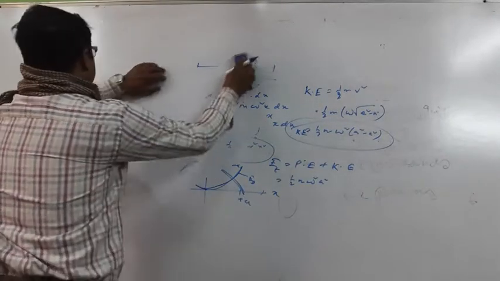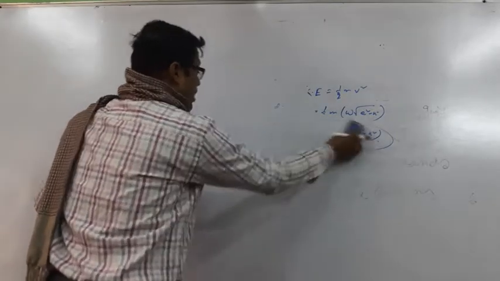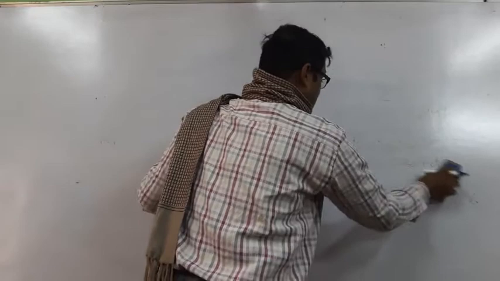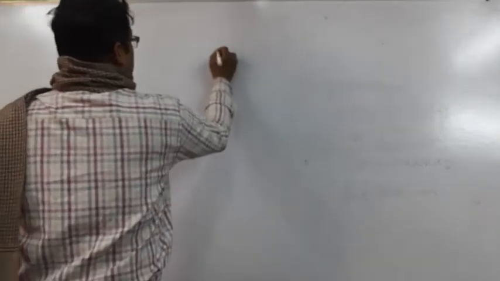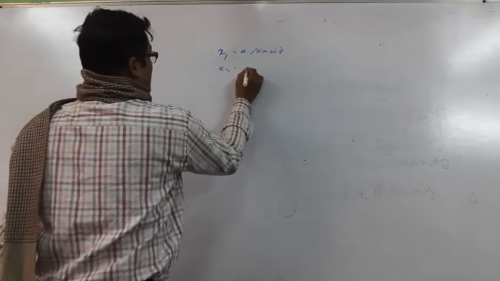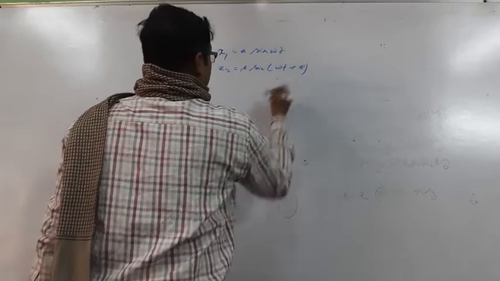Now we can move to the addition of linear SHM. What is that part? Two equations are considered: x1 equal to a sin omega t, x2 equal to b sin (omega t plus phi). Phi is the phase difference.